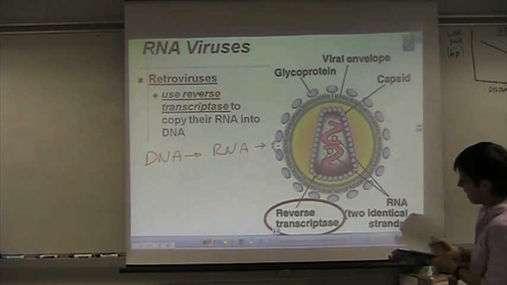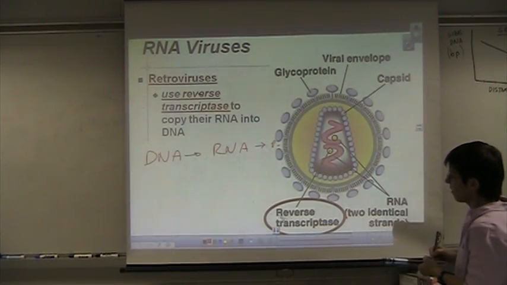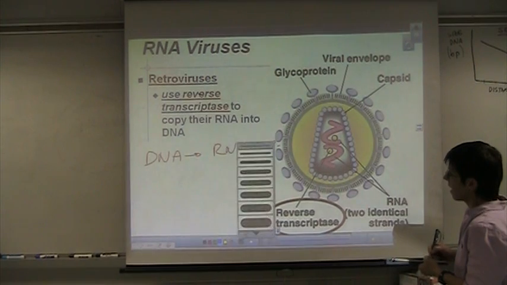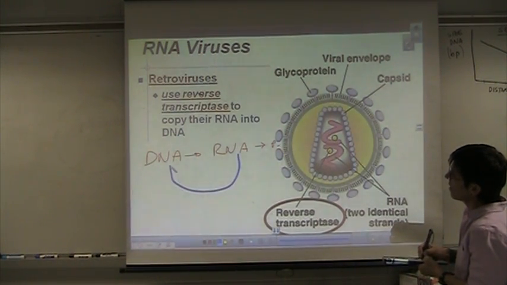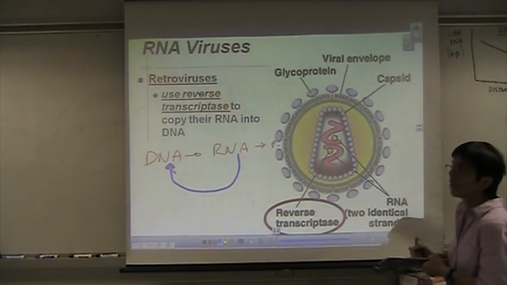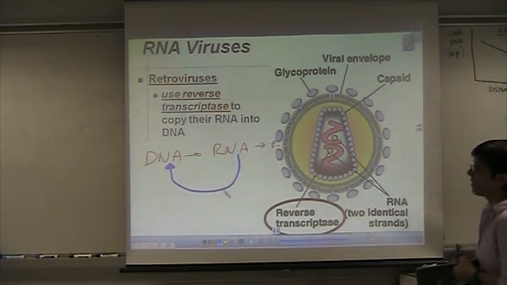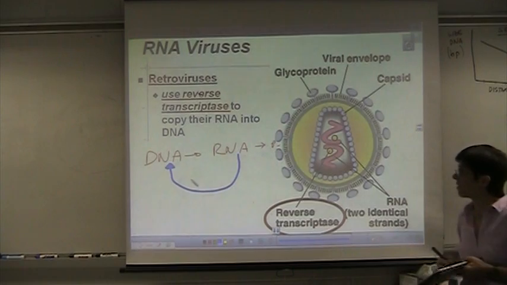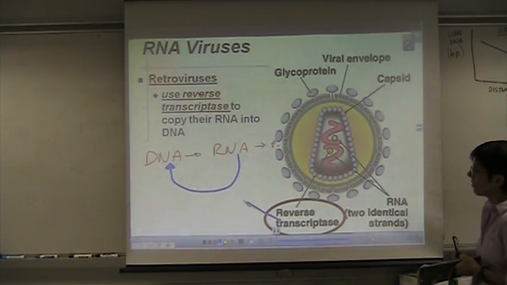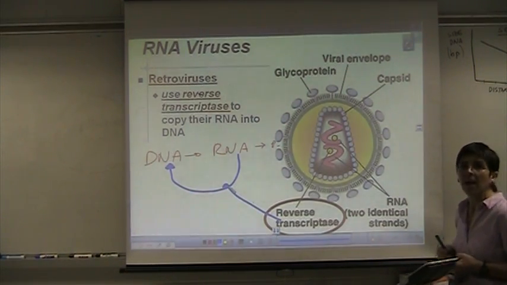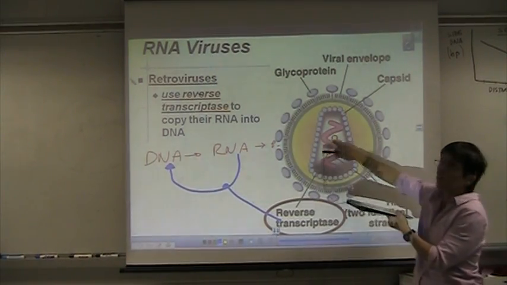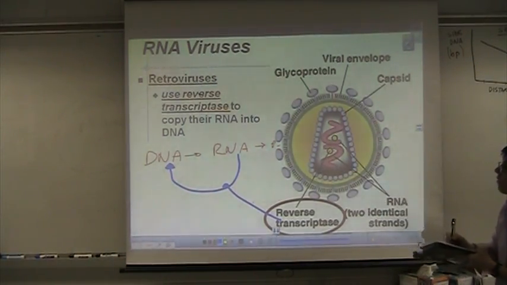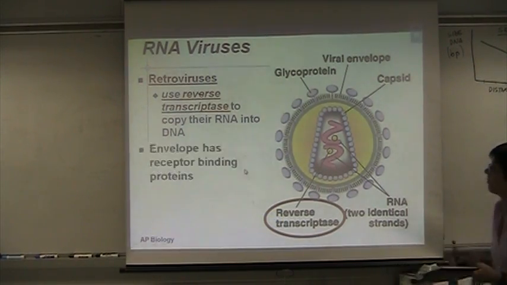As the name implies, it allows you to go from RNA to DNA. It goes backwards. So this is kind of an exception to the central dogma. This reverse transcriptase is the enzyme that allows you to go backwards, and they carry their own enzymes with them. So how is this going to work?